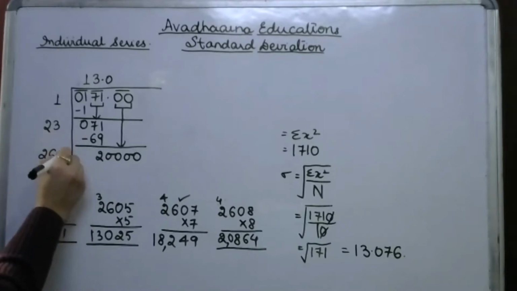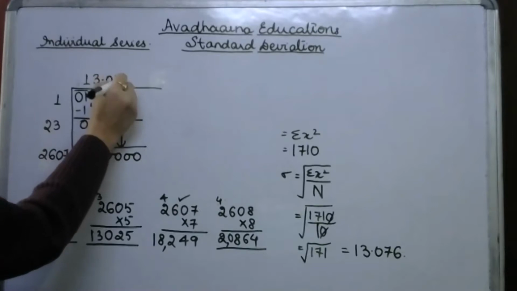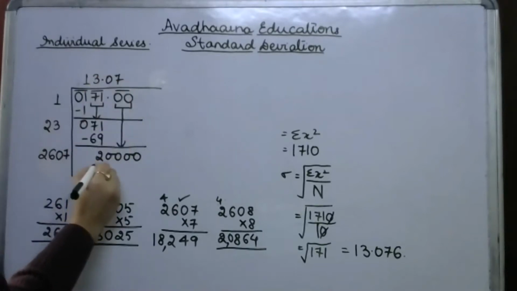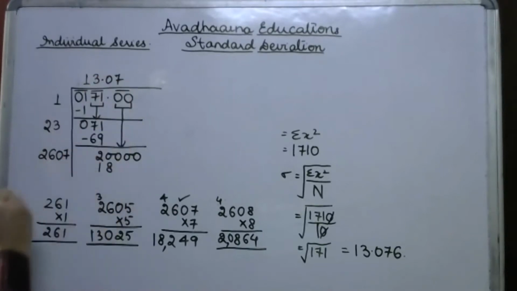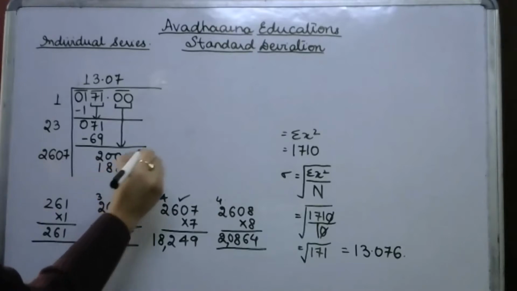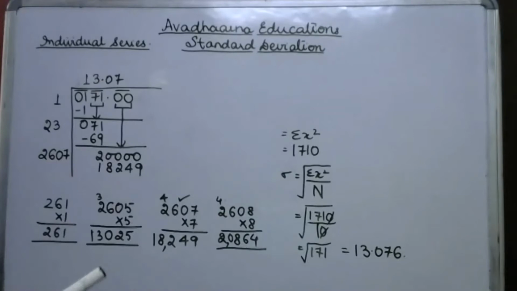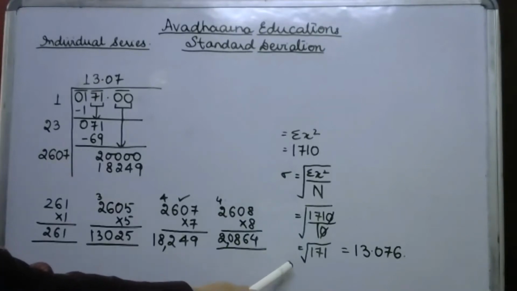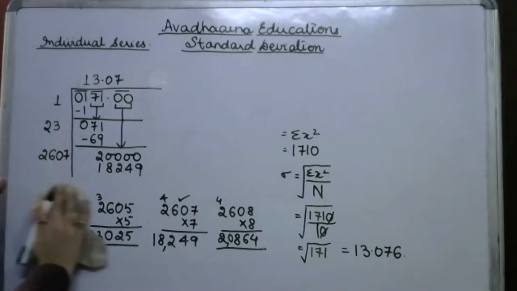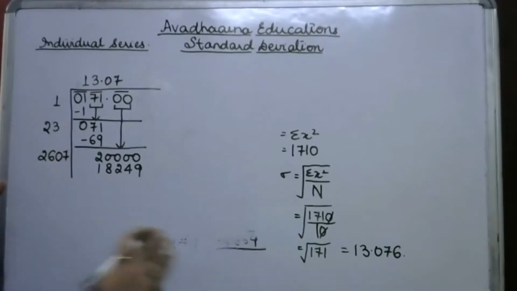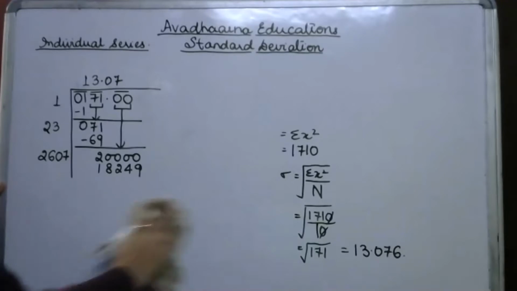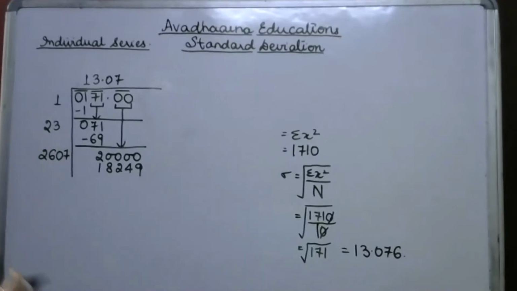So we'll write 7 in the divisor, 7 in the quotient, and the dividend will be 18,249. So you can very well see that, up to the maximum, we'll calculate the answer up till 2 digits.